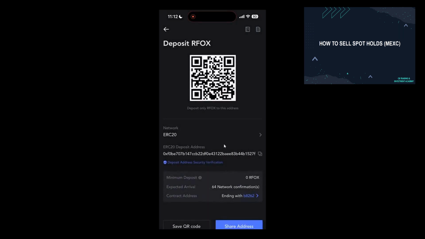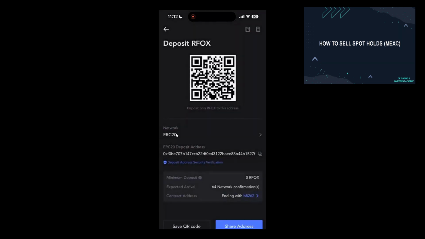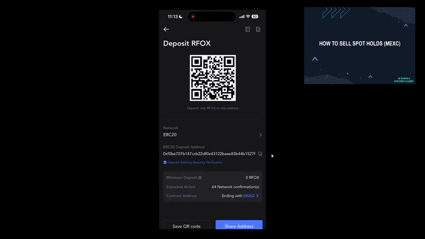As you can see, I get an address here. It says network ERC20, which is the only network for RFox. When you go to your Ledger, make sure to copy this address exactly, put it in the Ledger, and then send your tokens back to Mexc.